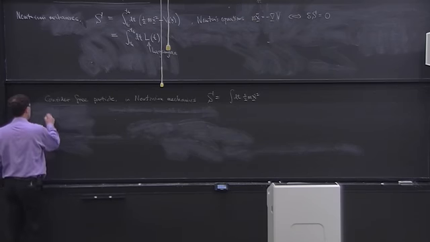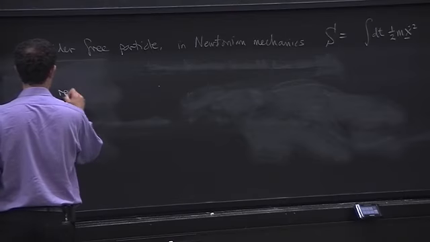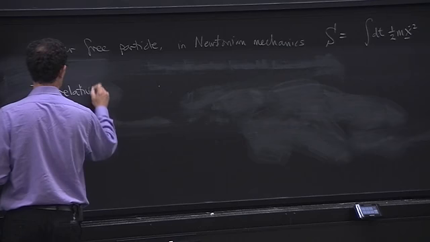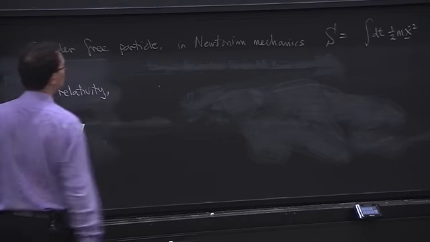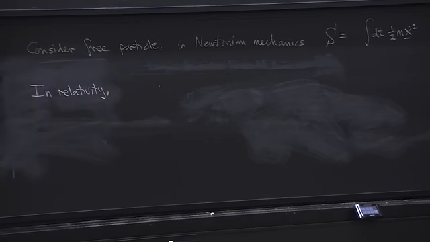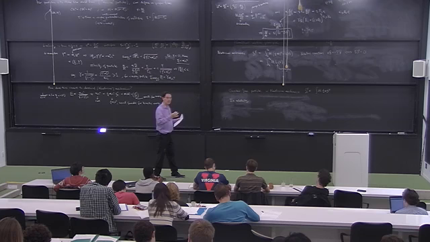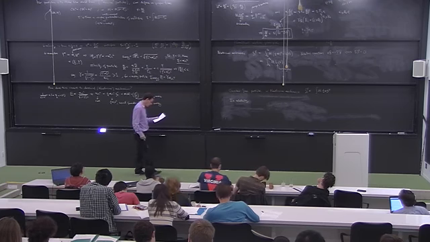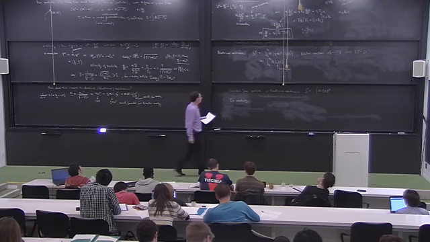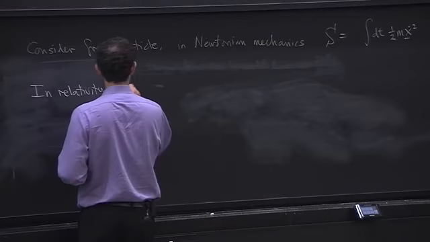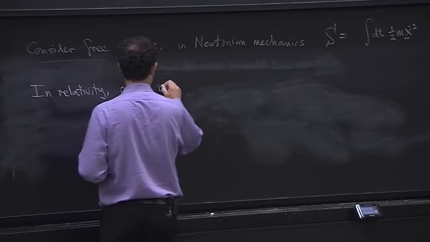In relativity, the question is, I'd like to write down the action, some kind of function of the trajectory of a particle, which when I stationarize it, when I insist that delta S is 0, gives me the right equations for the particle in relativity. And there's only one candidate for the action.